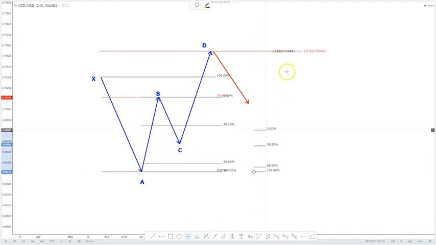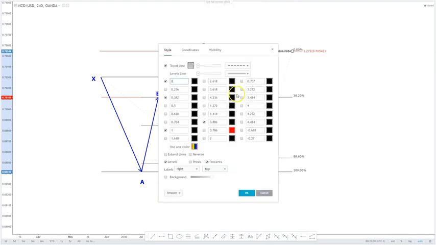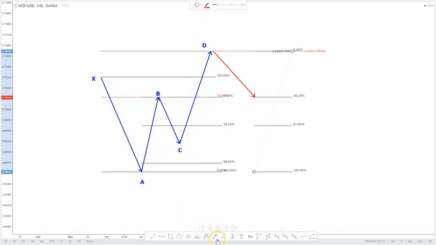A up to D. Our first take profit would be 382. Let me put in our second take profit, 618. Take profit 1, 382. Take profit 2, 618, of A to D.